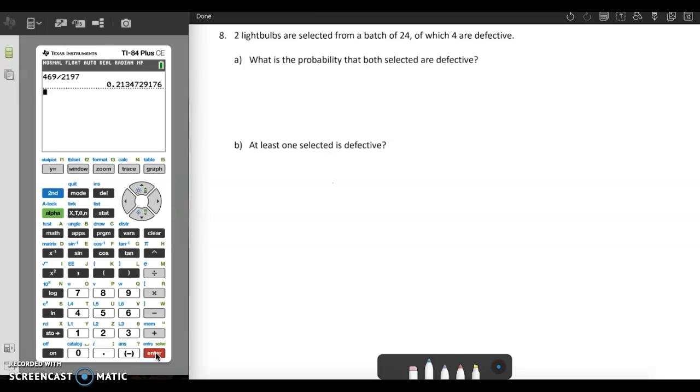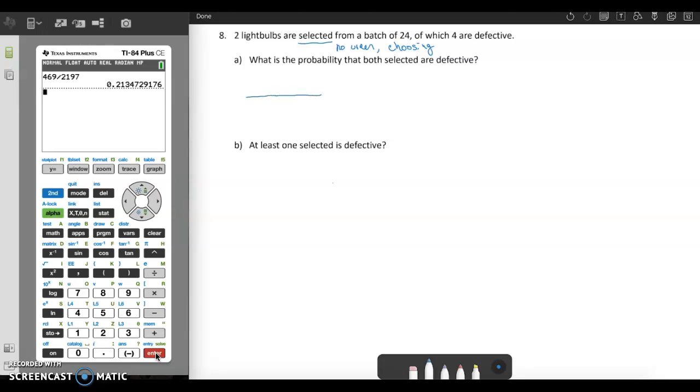The first thing that I notice here is that we are selecting these bulbs. There is no order to this. We are just choosing light bulbs. It doesn't matter which one comes out first or second. So this is a combination probability.